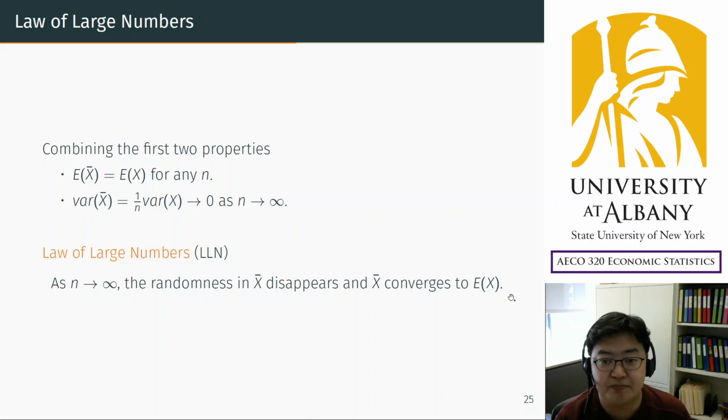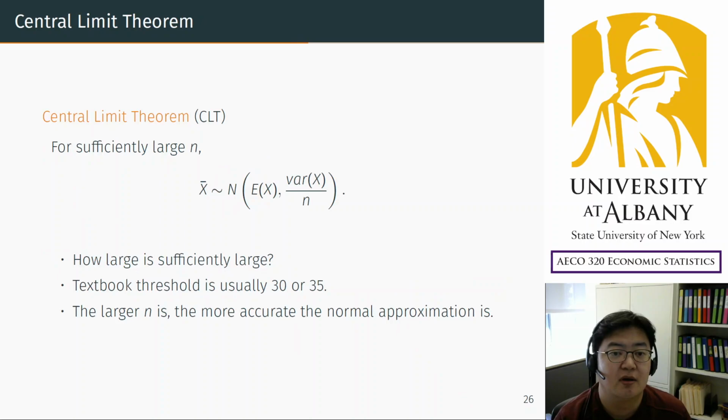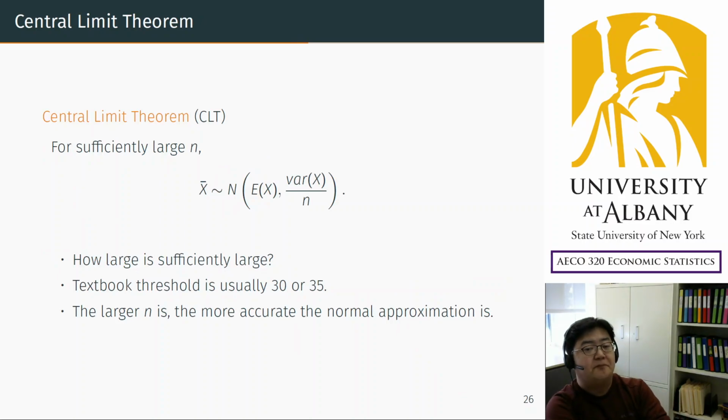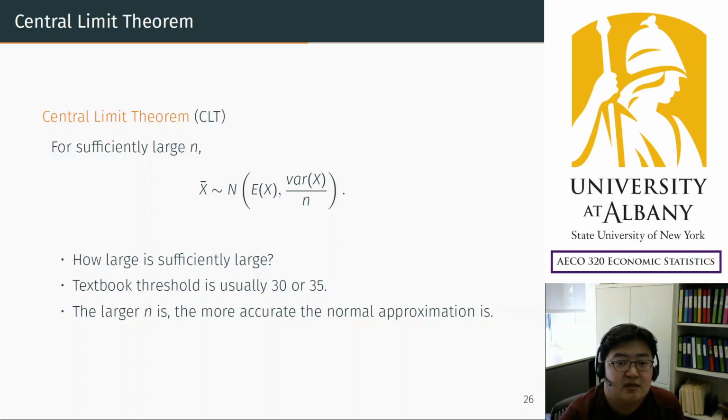That's the meaning. Okay? And central limit theorem. This is the second fundamental theorem of statistics. Central limit theorem uses normal distribution. So when n is large enough, the average is approximately normal distribution with mean.